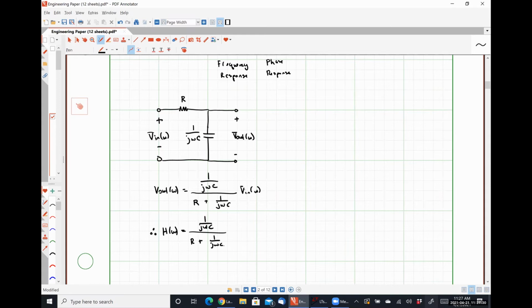So what I'm going to do to simplify this is multiply by a factor of j omega C over j omega C. And what this is going to give me is 1 divided by 1 plus j omega RC. This is what I would consider to be the classical definition for the transfer function of this particular filter.